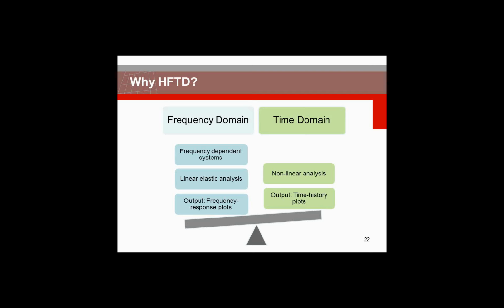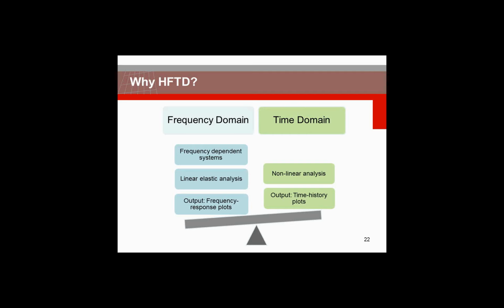So the reason why we choose HFTD is that we take the most interesting things of both ways of solving an equation, in the frequency and in the time domain. In the frequency domain, we can obviously take into account frequency-dependent systems, but it is only valid for linear elastic analysis.